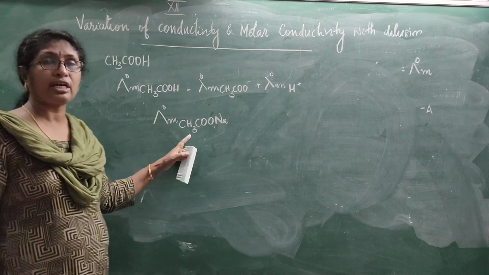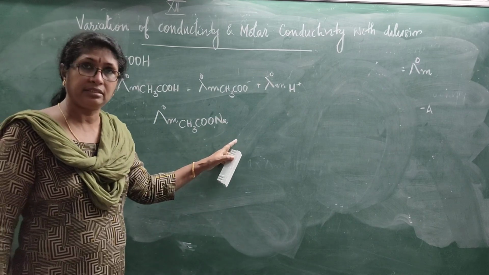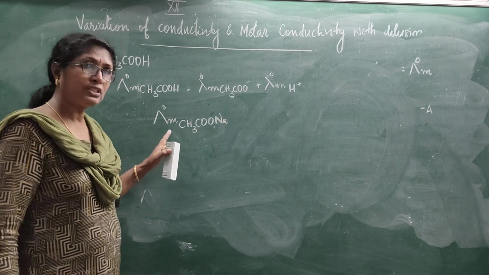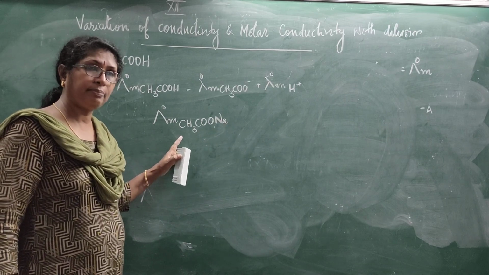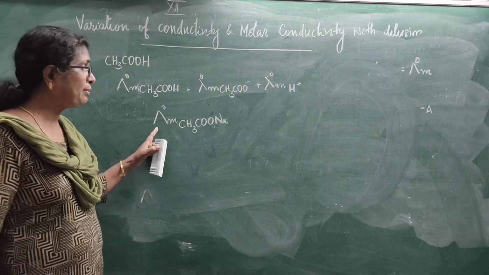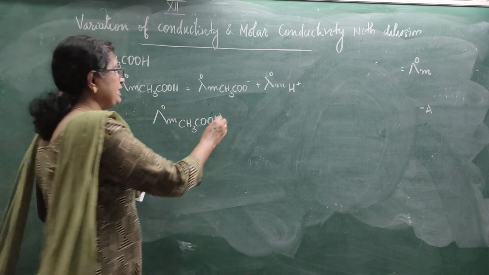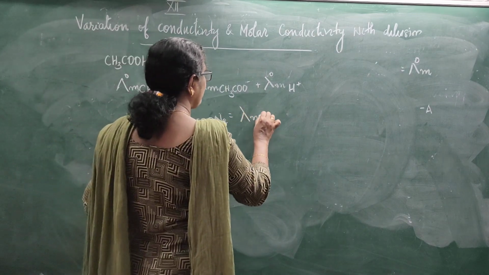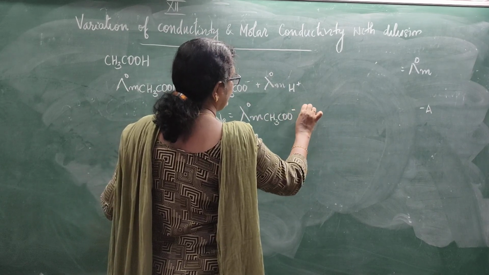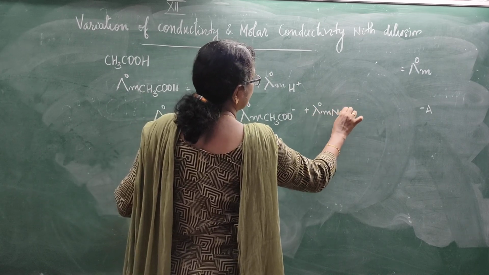This is a strong electrolyte because it is a salt of a weak acid and a strong base, sodium hydroxide and ethanoic acid. So the salt of a strong base and weak acid is a strong electrolyte. So lambda m naught of CH3COONa you can find out graphically. So that is equal to lambda m naught of CH3COO- plus lambda m naught of Na+.